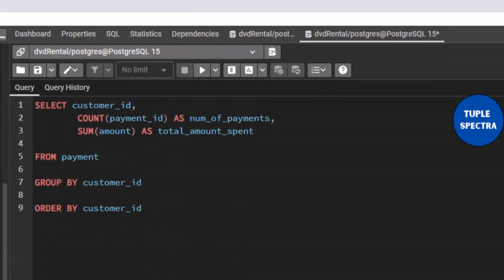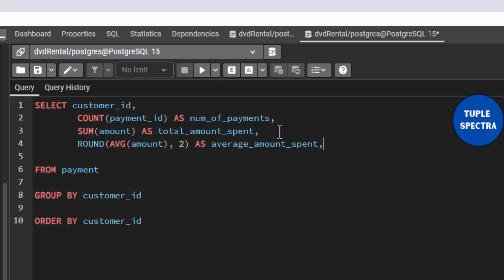What about if you want to get the average amount that each person spent? Remember also, I taught you how to use the average in our last video, and I also taught you how to use this round function, right? So here it is calculating the average, and then I'm rounding the result to 2 decimal places, and then I am calling it average amount spent.